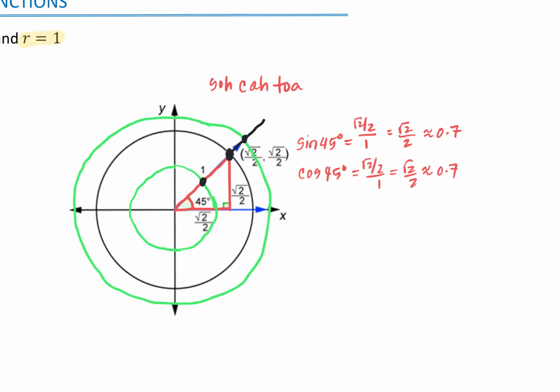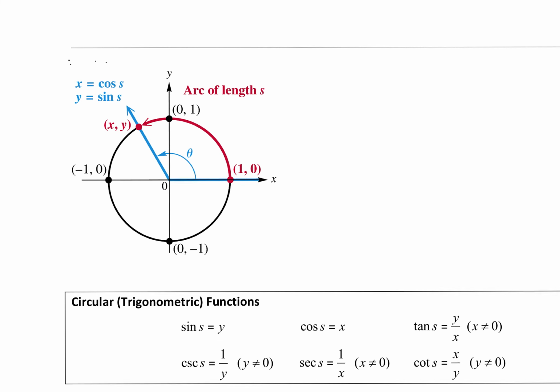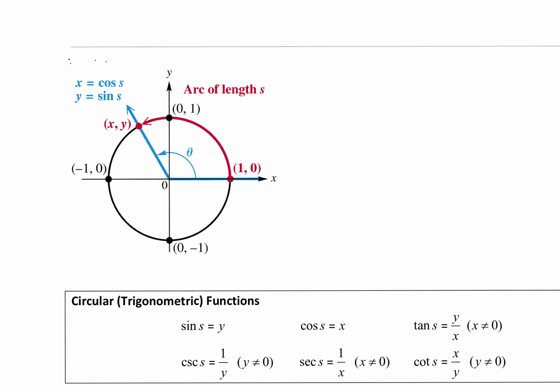But first we're going to start at the beginning, and instead of an angle theta, we're going to look at an arc length. Again, we're still talking about the unit circle here. So in this diagram, notice that given any point x and y, and here we're in quadrant 2 for our example point x and y, it's going to correspond to an arc length, and it's going to correspond to some angle theta.